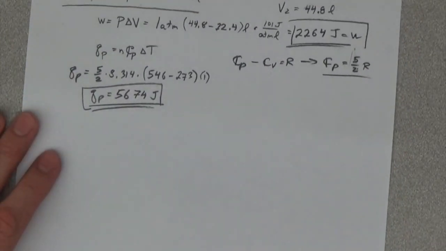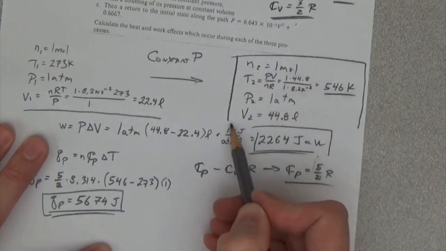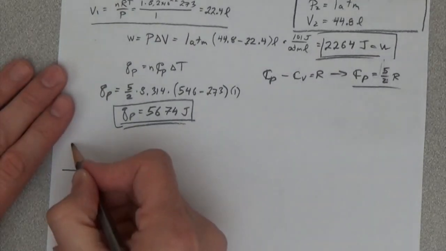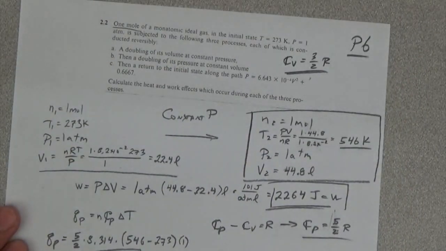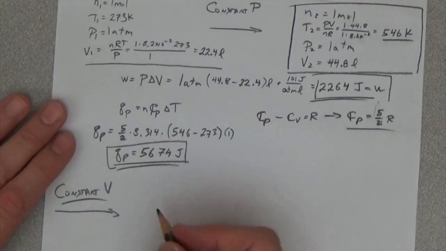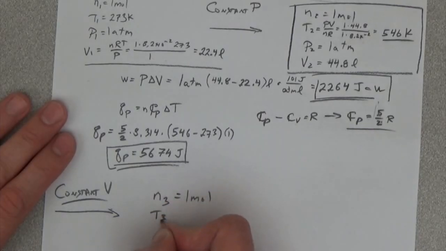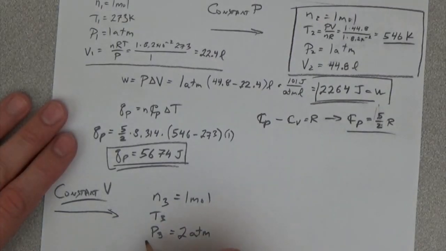So then the next problem is to take this state and transform at constant V to double its pressure, which means that now n3 is still 1 mole, T3, P3 doubles its pressure, so this is now 2 atm, and it's constant volume, so V3 is still equal to 44.8 liters.